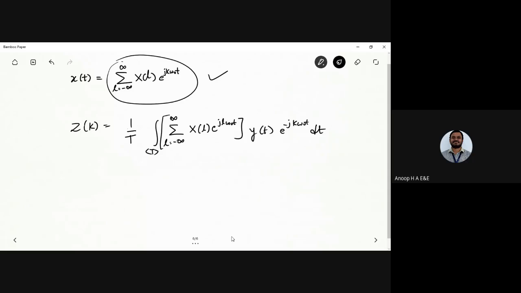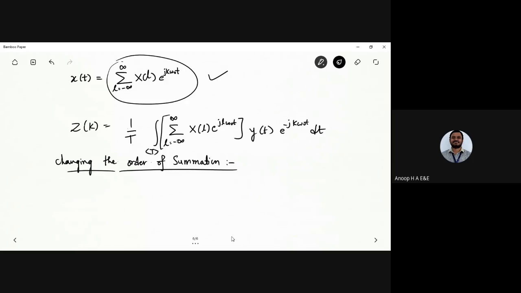Now, changing the order of summation, what do I get? Can anyone tell me how you would change the order of summation? We have done it in the case of convolution in similar steps.